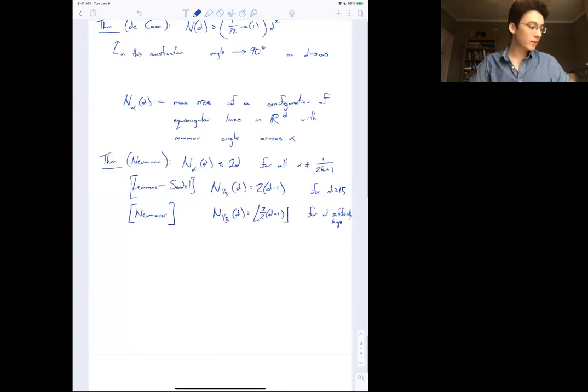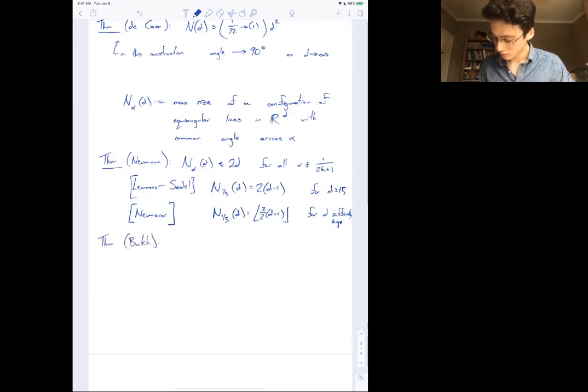So this is kind of where progress stopped for a while, until the problem found some more interest just 5 years ago with this work of Boris Bukh. So Bukh's new ingredient was applying some Ramsey theory to this problem.